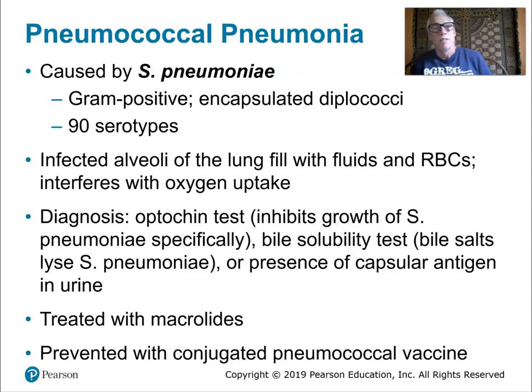So, Streptococcus pneumoniae, gram-positive, encapsulated diplococci, as you know. There's a bunch of different serotypes of Strep pneumoniae that cause disease. They infect the alveoli of the lungs, which then begin to fill with fluid and red blood cells. The surface of the alveoli is the respiratory membrane.